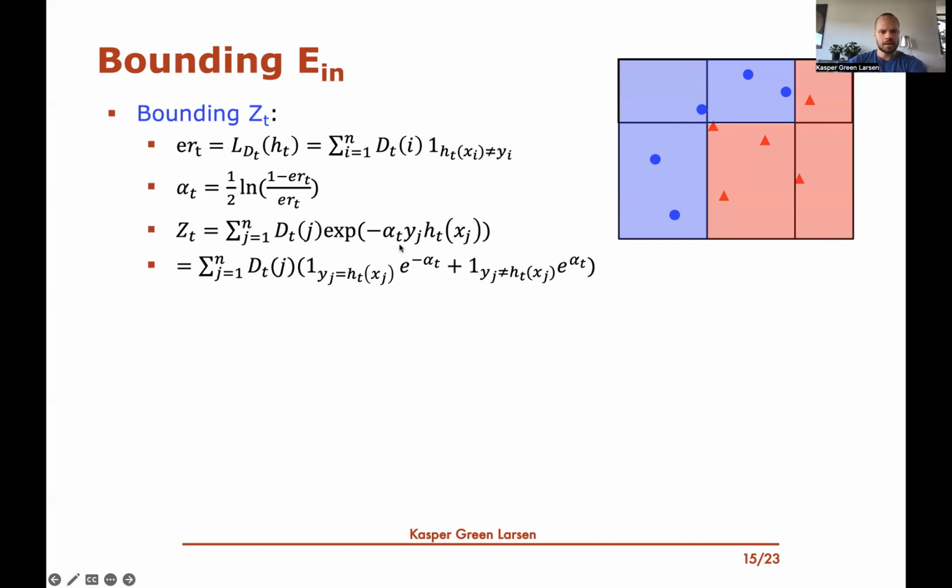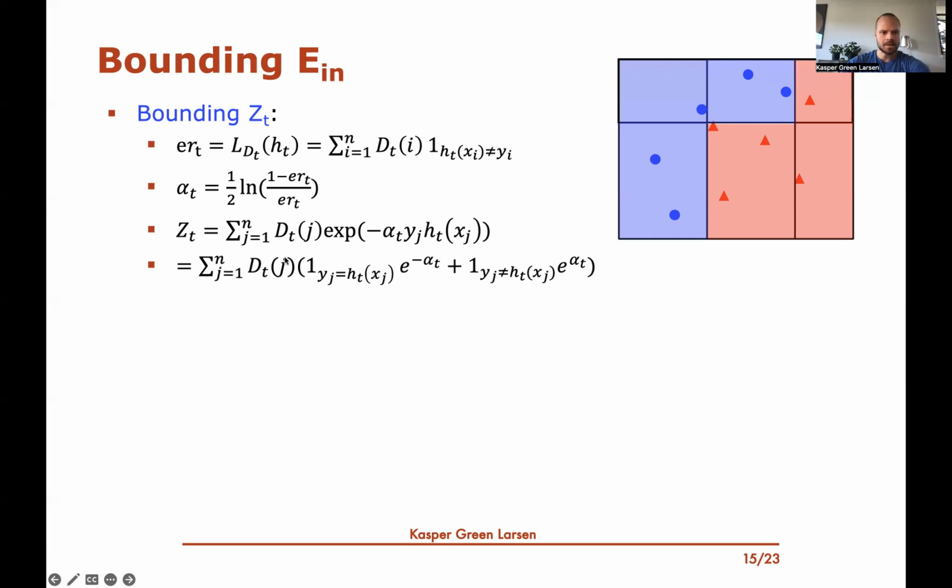So what we do here is that, let's say, okay, so there are two cases, right, for all the n training examples. There are the training examples that are classified correctly by the t hypothesis, and there are those that are misclassified. So what I can do now is I can say, okay, each and every one of the terms that are classified correctly, this expression just becomes e to the minus alpha t, okay? And so all the ones that contribute that are scaled by an e to the minus alpha t, all the ones that are correct, they're captured by this part of the sum here.